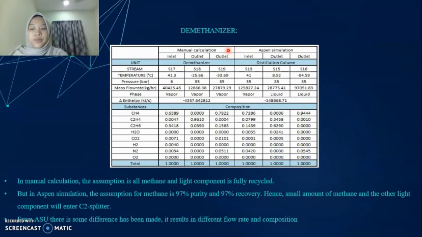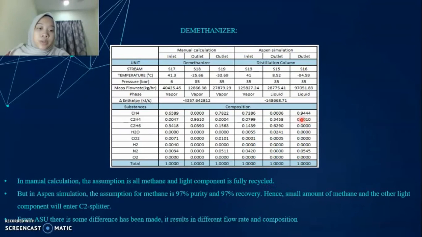Next is the methanizer. In the manual calculation, the assumption that has been made is that all methane and light components are fully recycled. But in the Aspen simulation, the assumption for methane purity is 97%, and the recovery is also 97%.